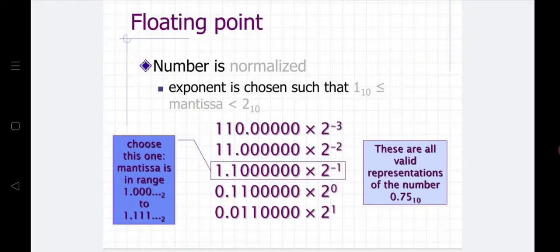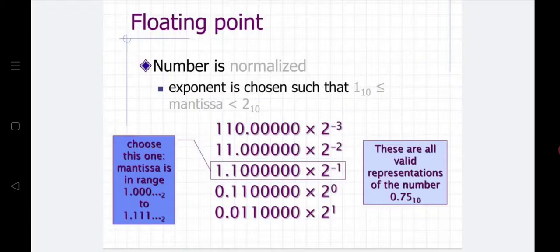Why we choose it: always keep in mind that whenever we go with normalization, whatever the given number is, a decimal number, first you convert it into a binary number. Once you have represented your binary number, you move the binary point either towards the right side or towards the left side, in such a way that your integer part should be only 1.